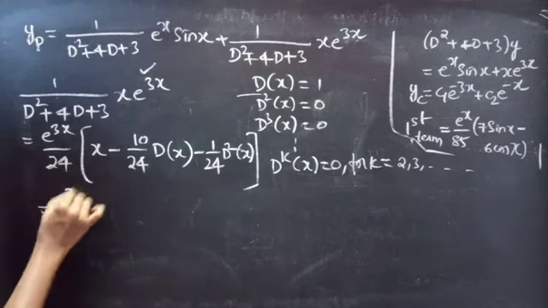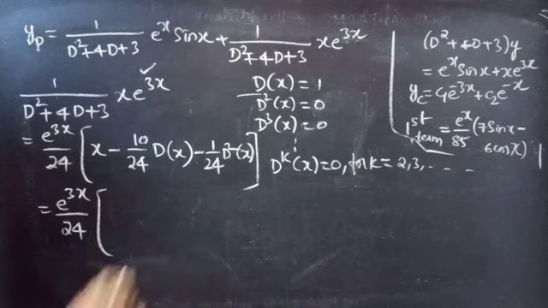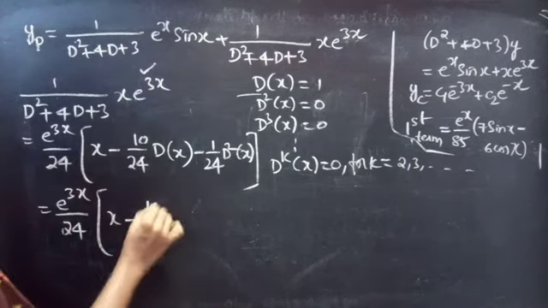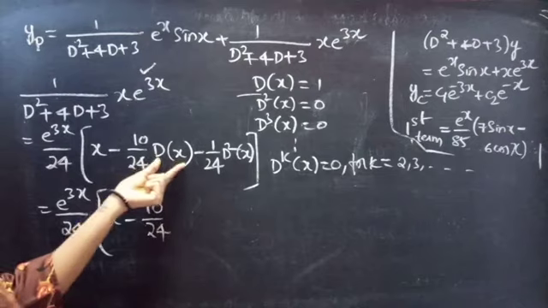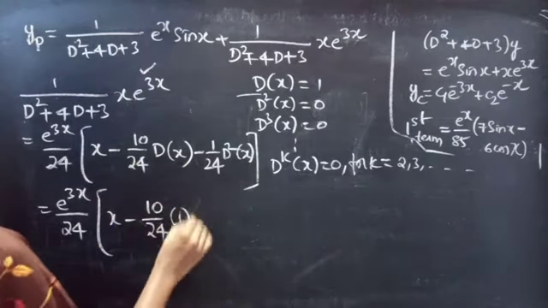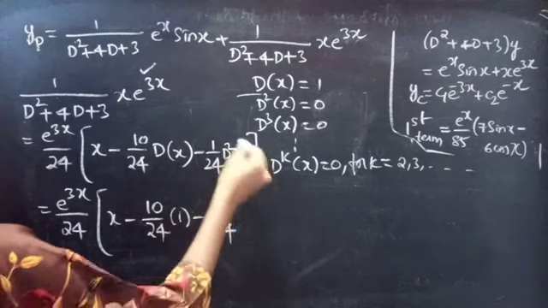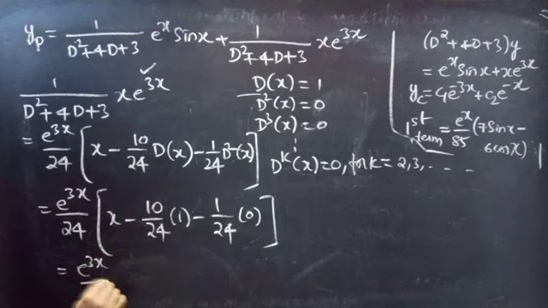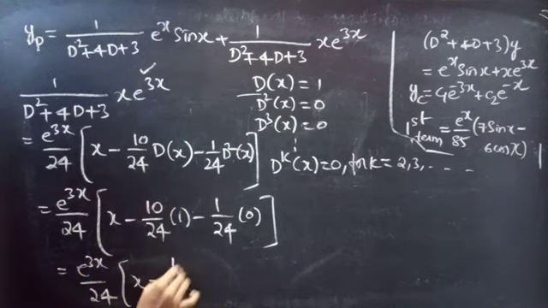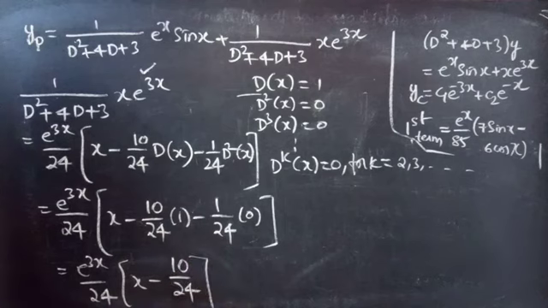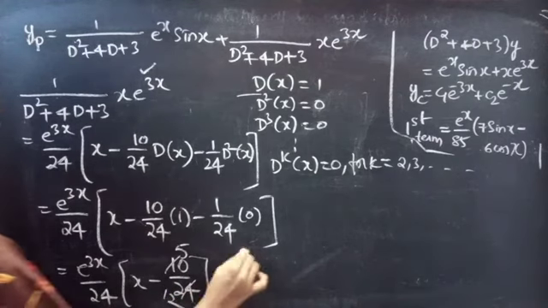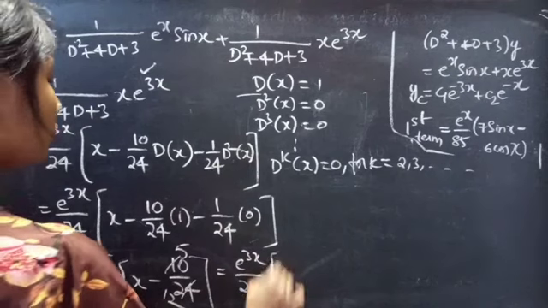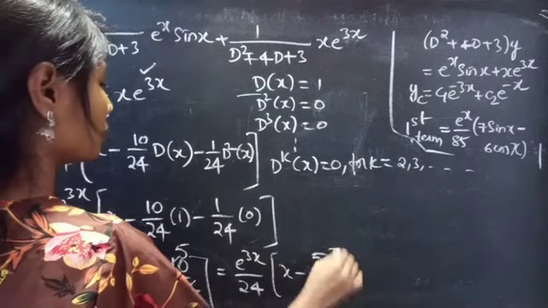This equals e power 3x by 24 into (x minus 10 by 24 into the derivative of x, which is 1, minus 1 by 24 into d square of x, which is 0, so put 0). This equals e power 3x by 24 into (x minus 10 by 24). 2 fives are 10, 2 twelves are 24. This equals e power 3x by 24 into (x minus 5 by 12).